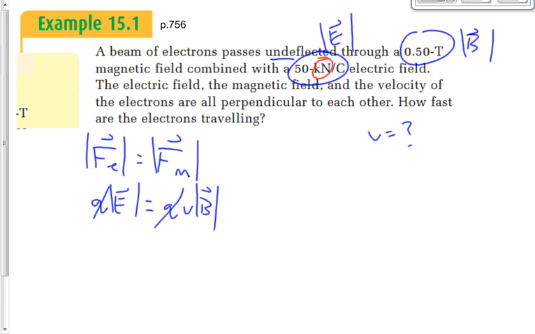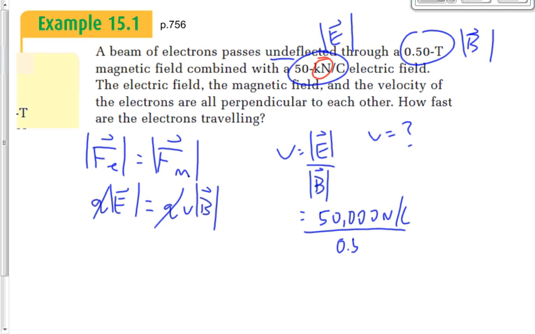Cancel those out, it ends up being V is equal to E over B. So we're just going to divide those two numbers now. We get E is 50,000 newtons per coulomb, and B is 0.50 Tesla. Do the math there. Should work out to be 1.0 times 10 to the 5, I believe. Somebody double check that.